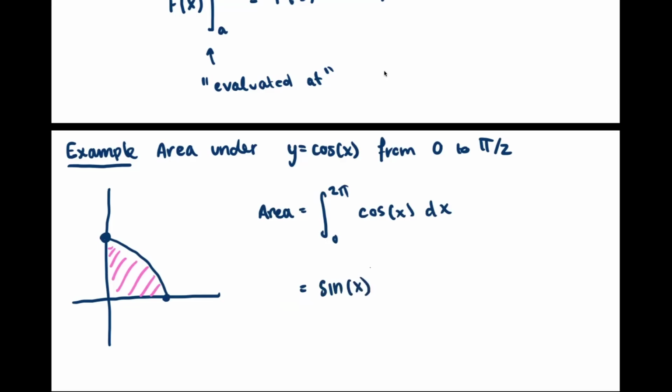And then here I'll use the notation: sine x evaluated from 0 to pi over 2. Okay, so let's compute this. Sine of pi over 2 minus sine of 0.